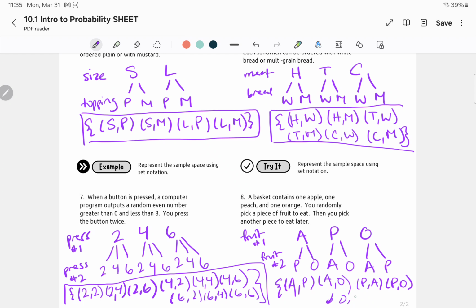It's an O, orange, and apple. Sorry, it gets very tricky when I get down to the bottom here. All right, and then orange first time, peach second time. Okay, so hopefully you can see that. See how there's 6 possibilities, right? Apple, peach, apple, orange, peach, apple, peach, orange, orange, apple, orange, peach.